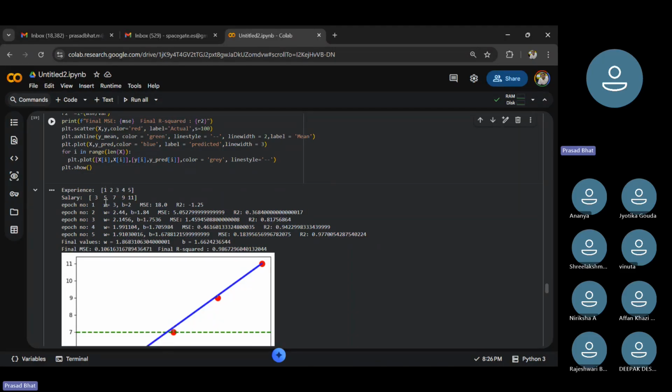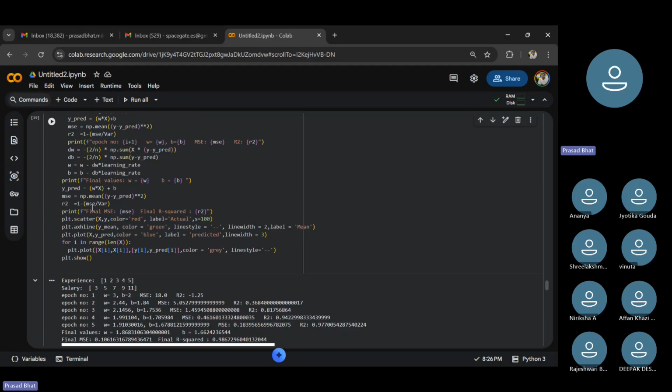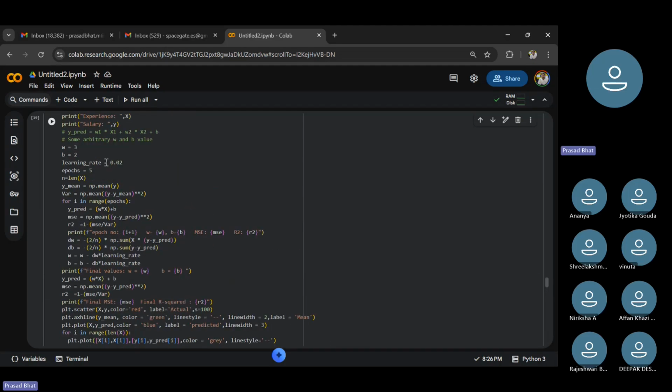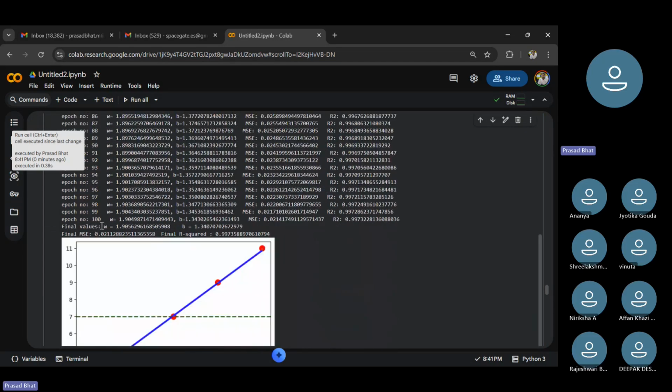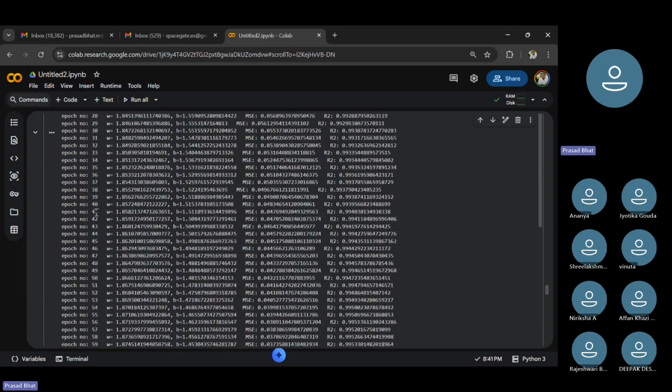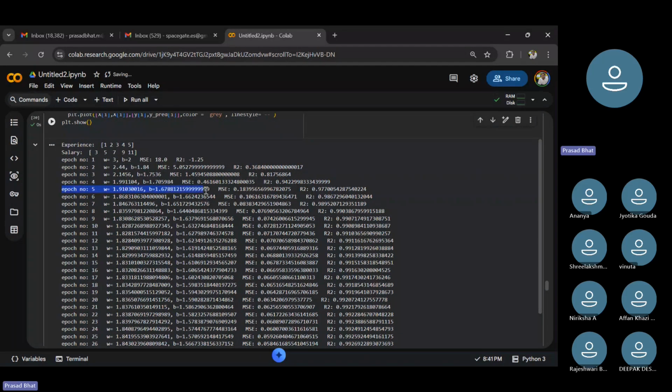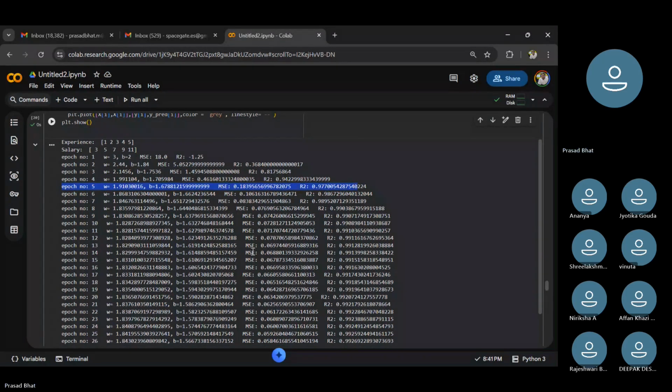We could improve. So to do that, I will simply increase the epochs to, say, 100. Okay. And if I do this, no issues. Can you see this? Earlier we were at 5 epochs. MSE was 0.18 and R2 was 0.97, right?